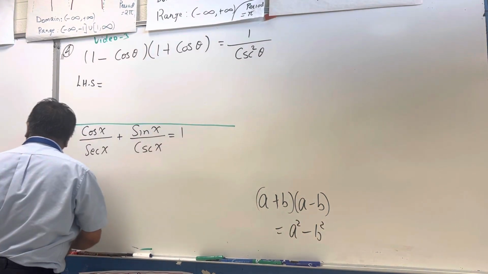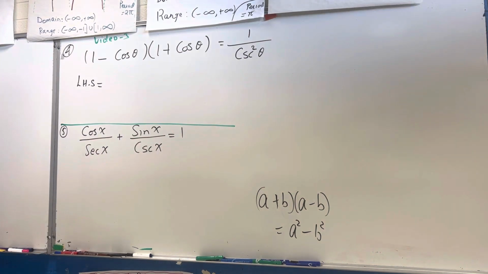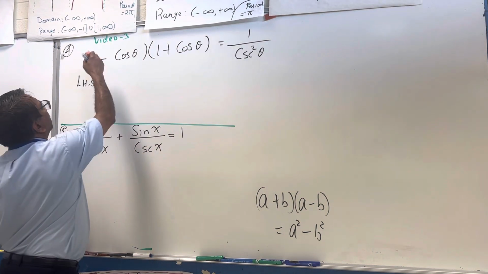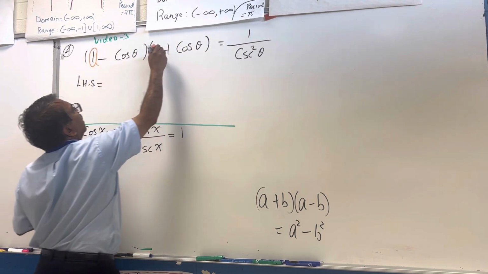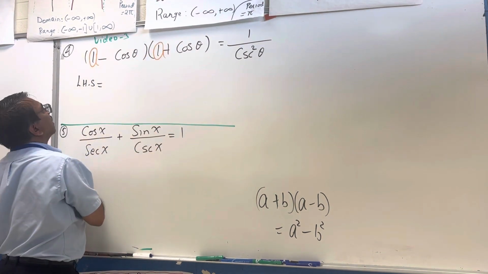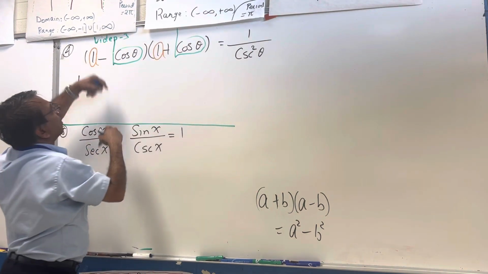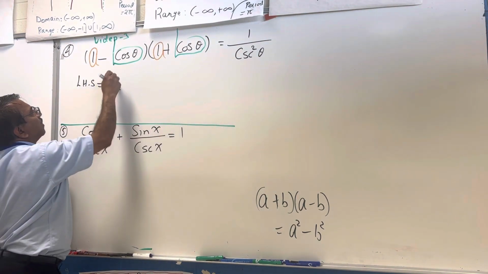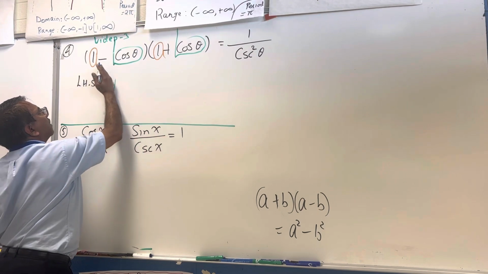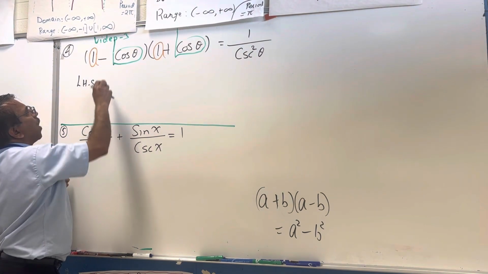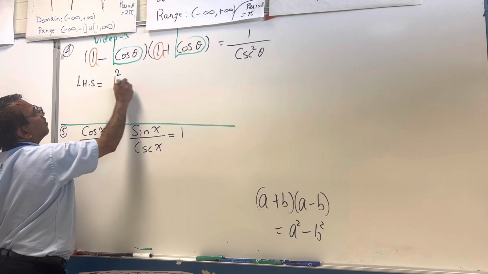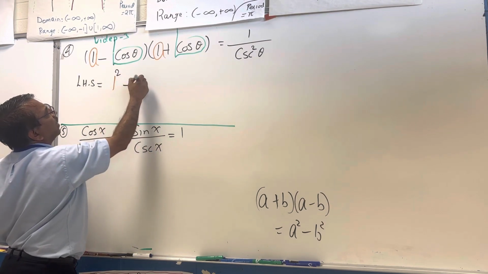So here, this is the a and this is the b, so we can use a square minus b square. That means it's going to be 1 square minus cosine theta square.